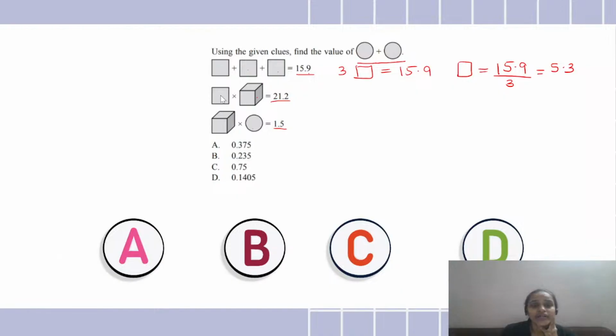Now over here, square multiplied by cube equals 21.2, right? I know the value of square, so I can replace it. 5.3 multiplied by the cube equals 21.2, which makes it easy for me to find the value of cube now.